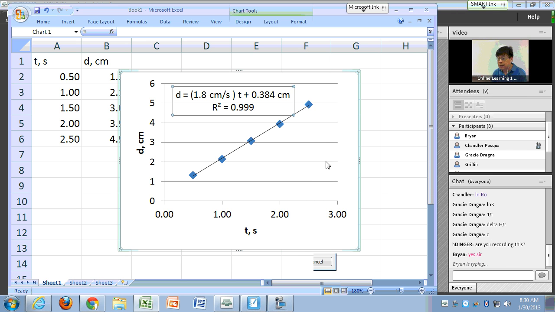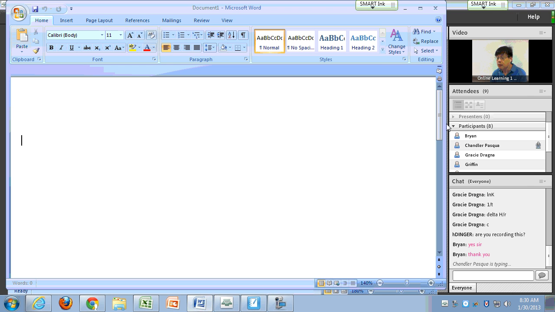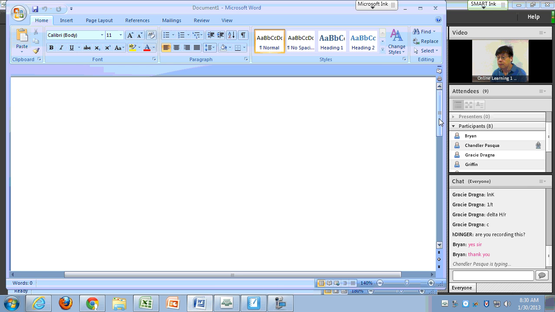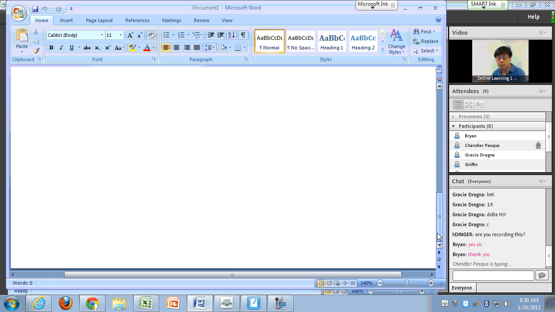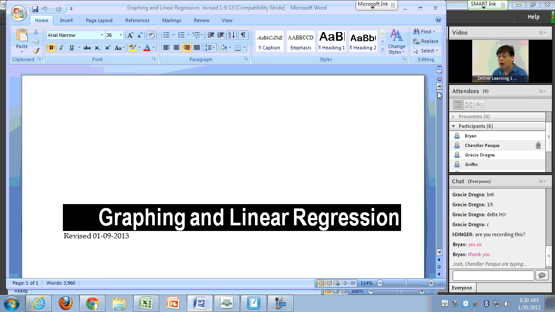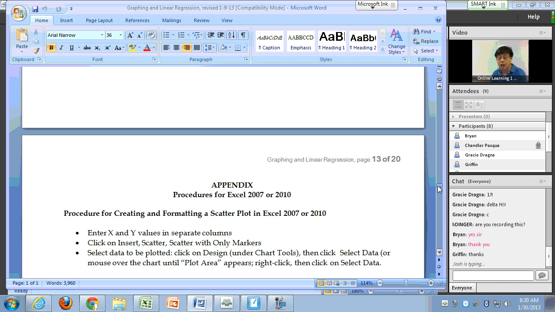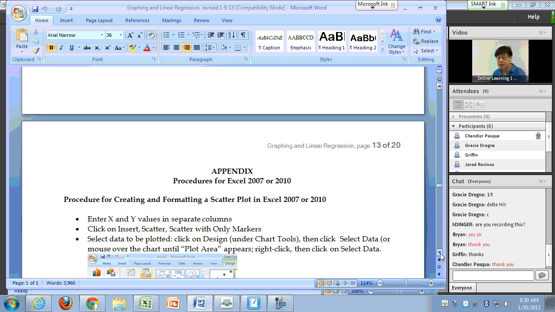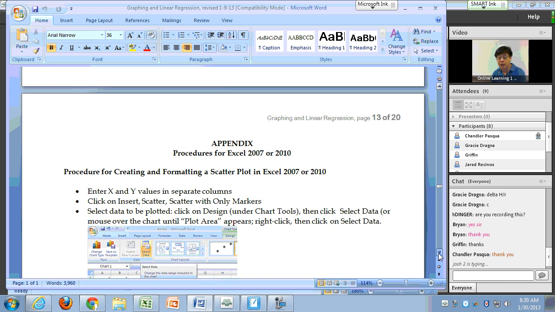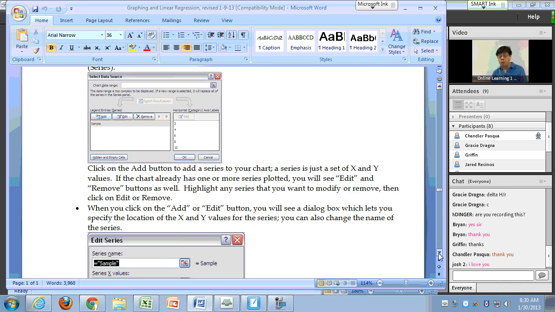Now, if you look at the end of your document, at the very end, you have instructions there on how to do things in Excel using Excel 2007 or Excel 2010. Okay? So specific instructions on how to create a chart on Excel. And then we'll talk more about this next time.